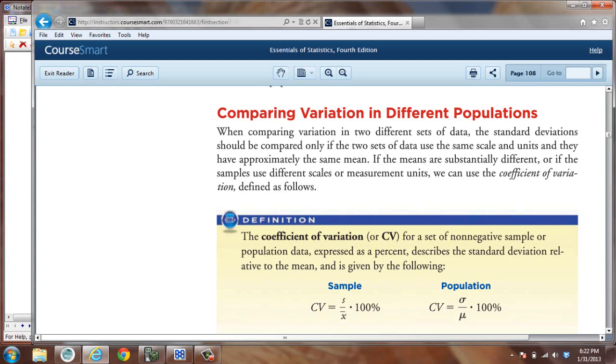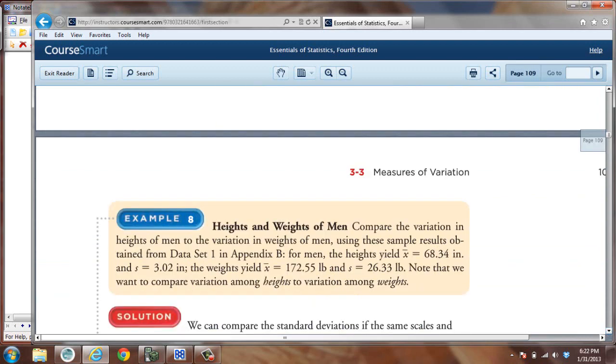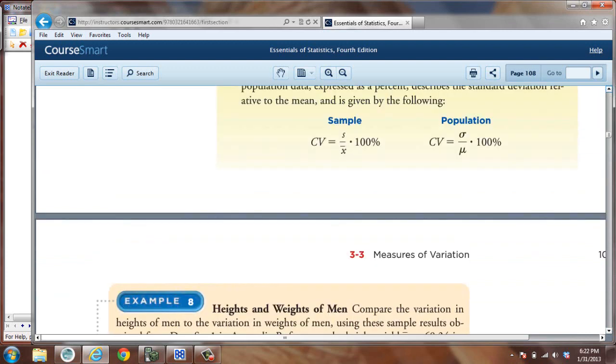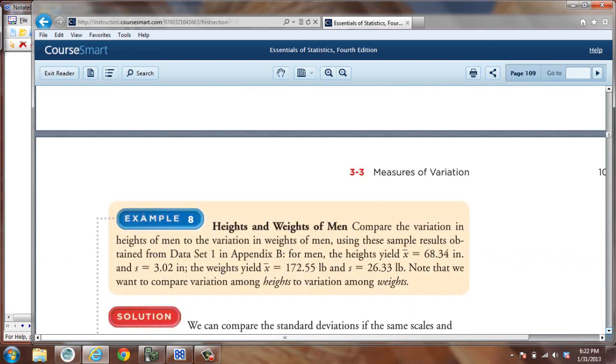Okay, so if I'm comparing two different sets and I want to figure out which one is more spread out, the standard deviation might not make enough sense if the two means are different. But if I have the coefficient of variation, then I can tell which data is more spread out. So for example, for my sample, you take the standard deviation divided by the mean, multiply that by 100%, and you'll get the coefficient of variation.